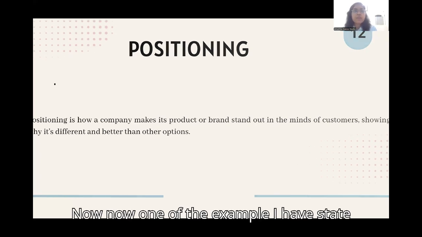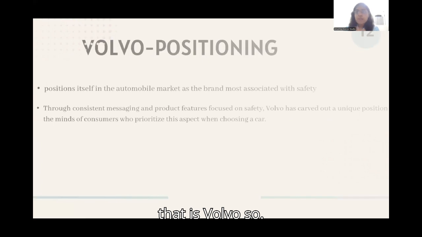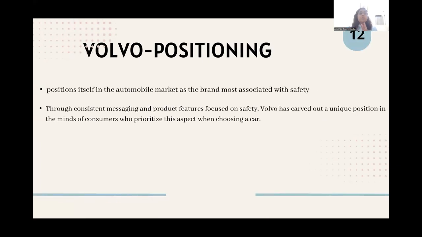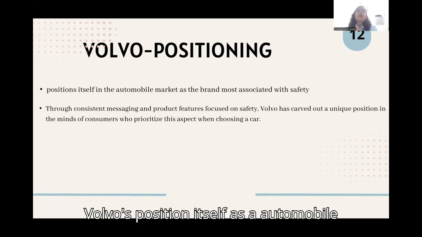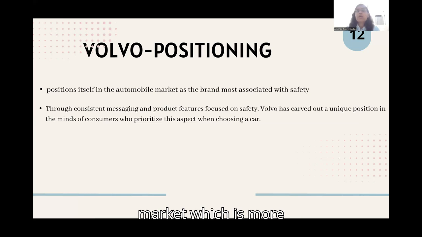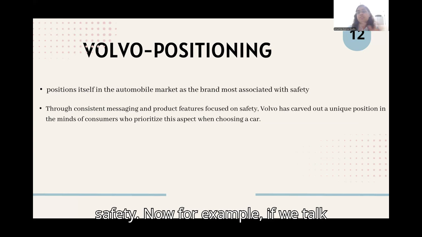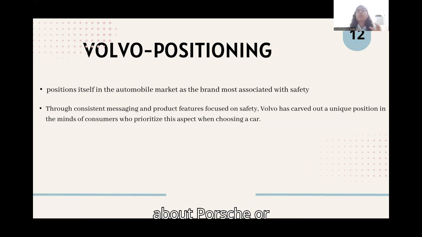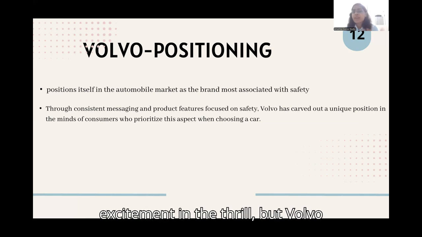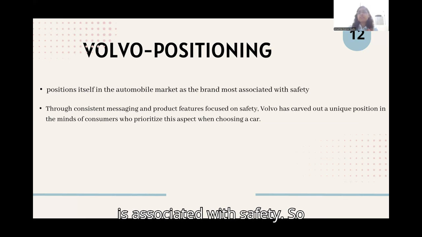One of the examples I have stated is Volvo. Volvo has positioned itself in the automobile market as more associated with safety. If we talk about Porsche or Ferrari, they are more about excitement and thrill, but Volvo is associated with safety.